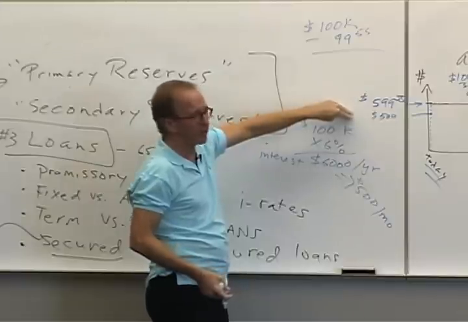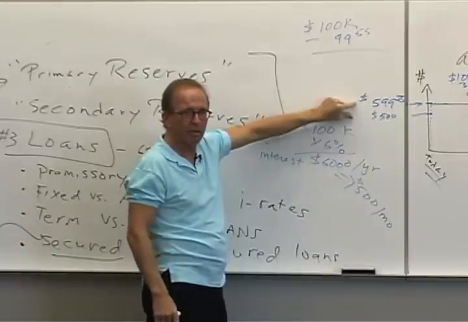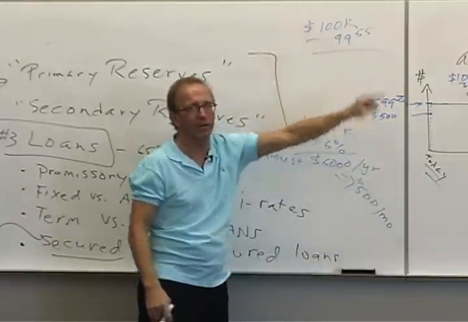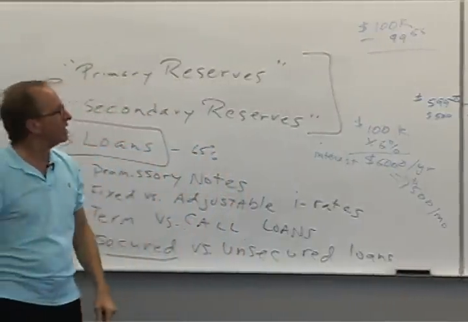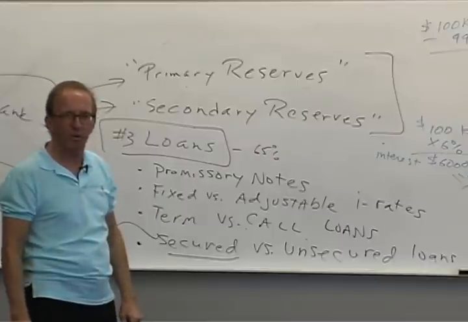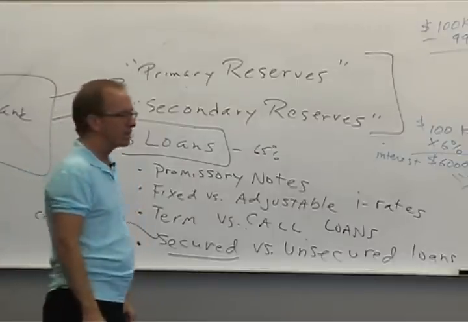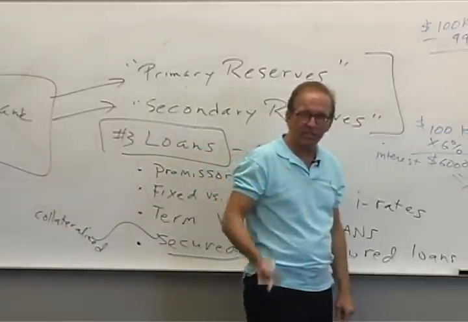You owed $500 for interest, so $99.55 was to pay off the loan. And so you no longer owe $100,000. Now you only owe $99,900.45. So you owe a little bit less than before.